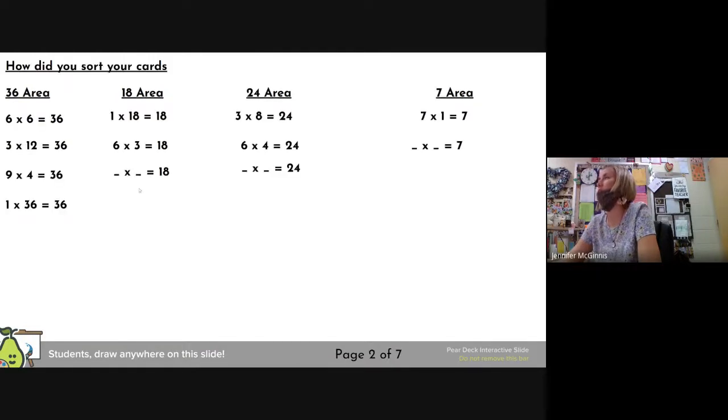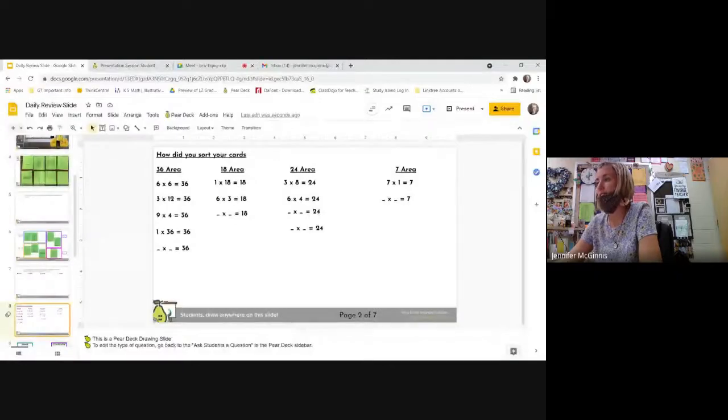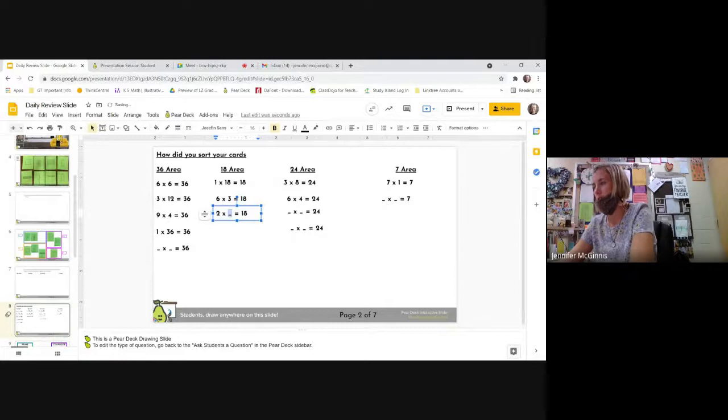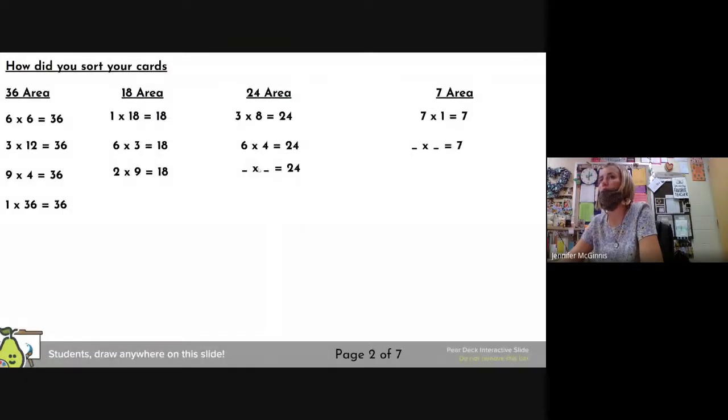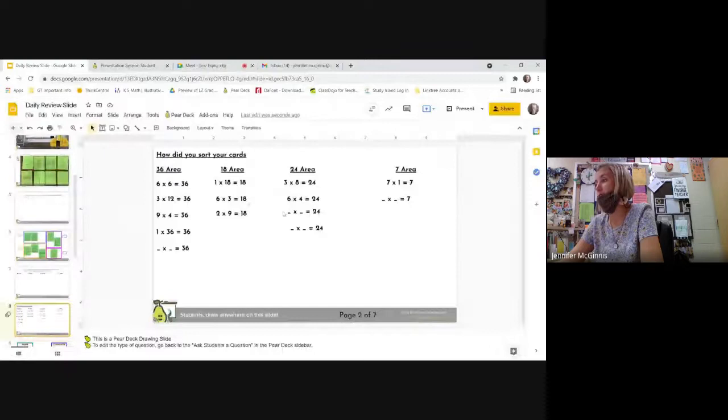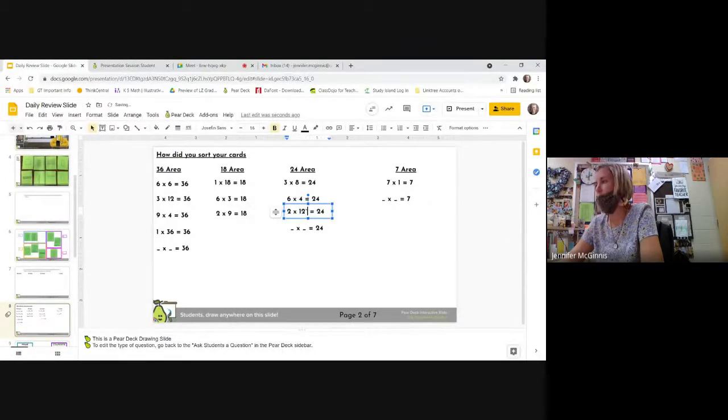We got 1 times 18. What else you got, Cole? 2 times 9. Good. We can put a 2 here and a 9 here. Anybody get anything for 24? Cameron? 2 times 12. Very good.